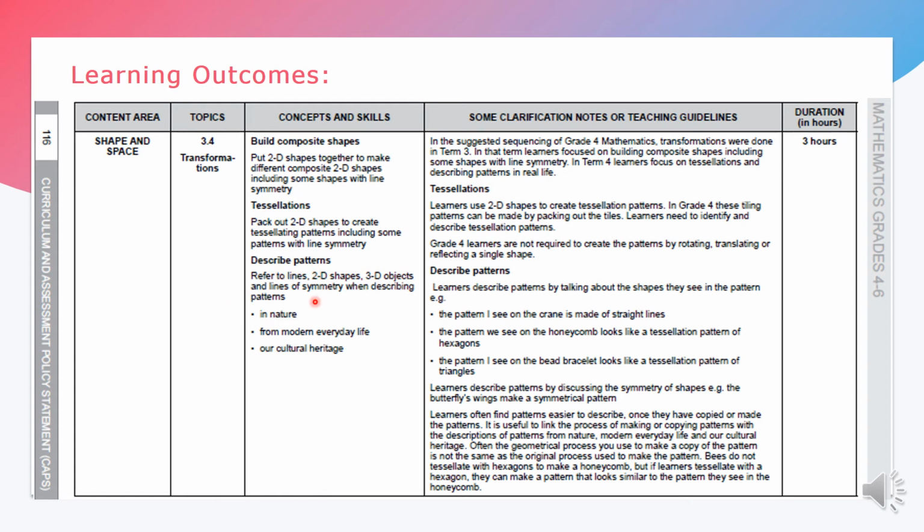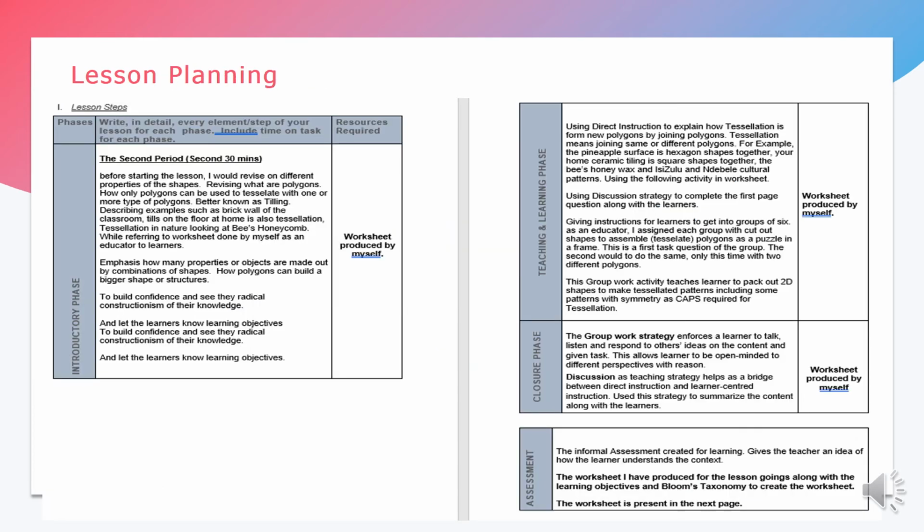It needs to be in 2D or 3D, lines of symmetry, and you need to present examples that are found in nature, modern living, or even in our culture. And so let's just look at our lesson plan for this one.